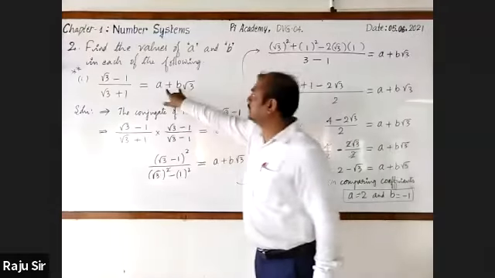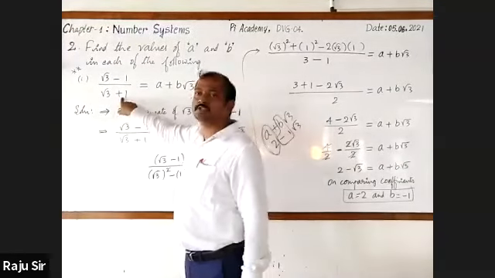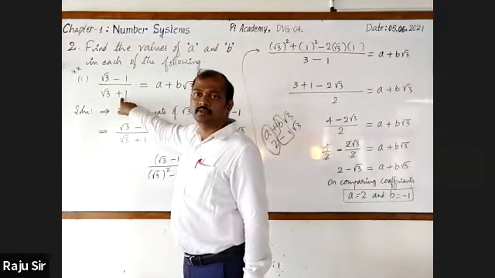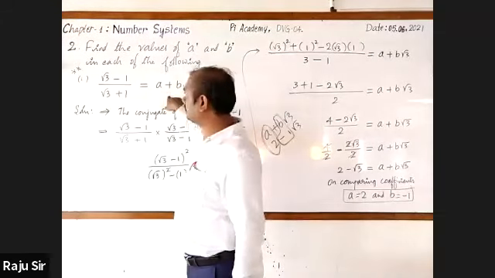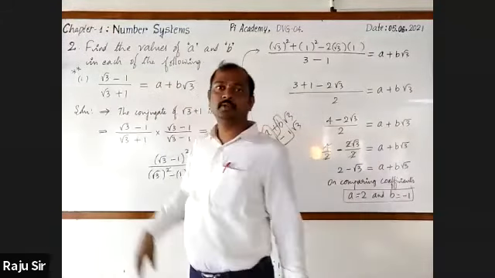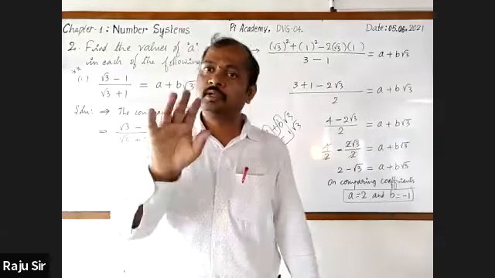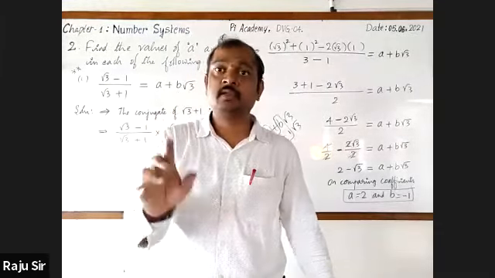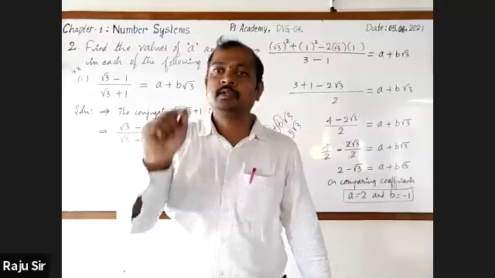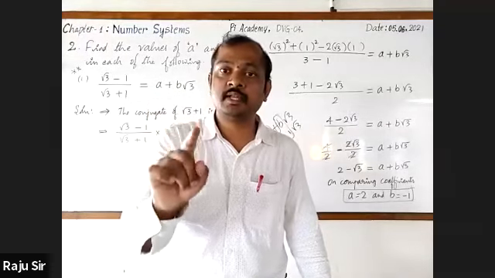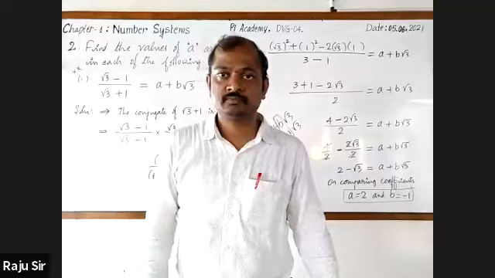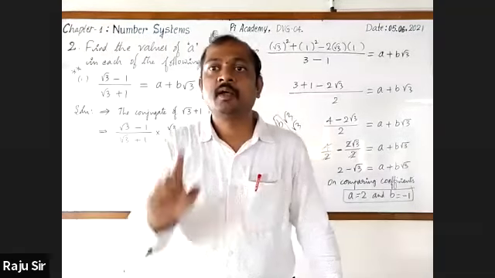Here they are in the numerator, so we are conjugating the denominator. If they are in the denominator, then go for conjugating the numerator. We have to remember these two possibilities, but in our syllabus they have focused on rationalizing the denominator. Got it?